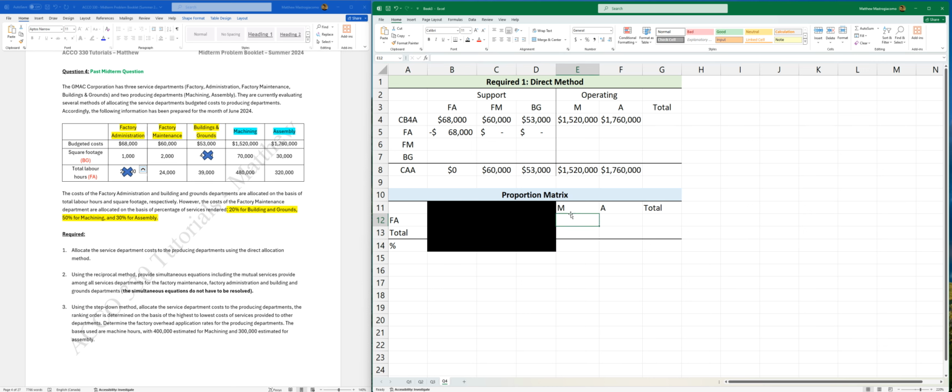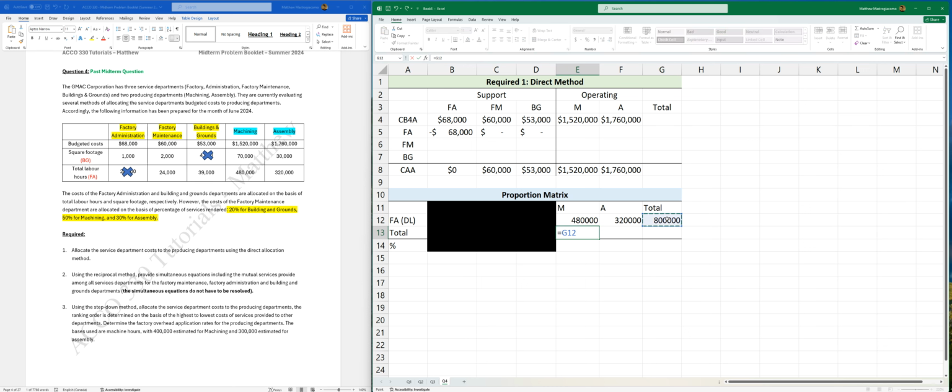Now I have to figure out how much factory admin allocates to machining and then assembly. Remember, factory admin allocates based on direct labor hours. Factory admin gives 480,000 to machining, 320 for assembly, and then our total.